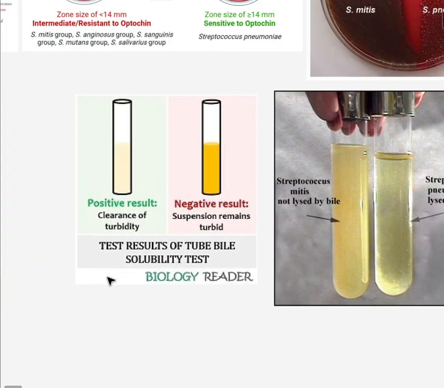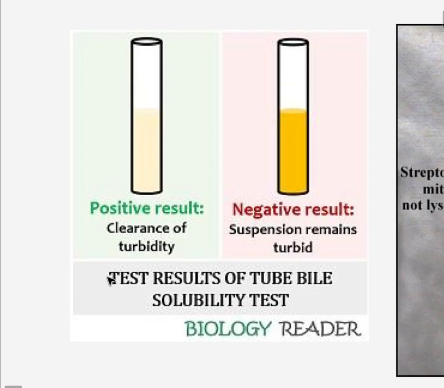And then the next test we look at is the bile solubility test. This is the second major differentiating test. Bile salts activate a bacterial enzyme called autolysin. Pneumococcus itself possesses the autolysin, and bile salts activate these enzymes that the pneumococcus has.